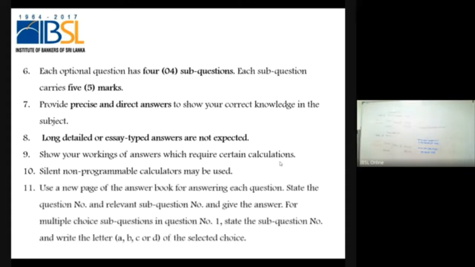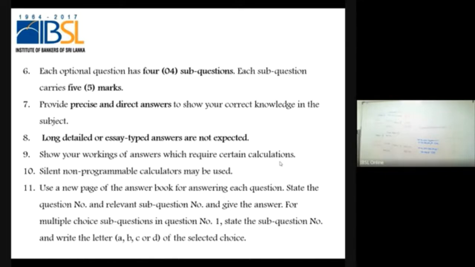And as I told you, always start with a new page for each question, because there are candidates who try to answer a question within another question. So don't do it. If you don't have enough answer book to write, then you borrow another answer book from the invigilator. Attach 2 answer books, no problem.